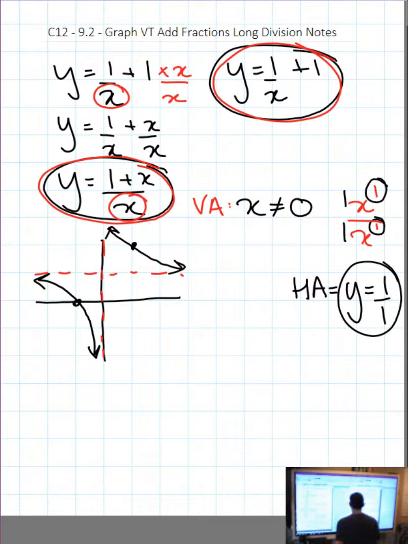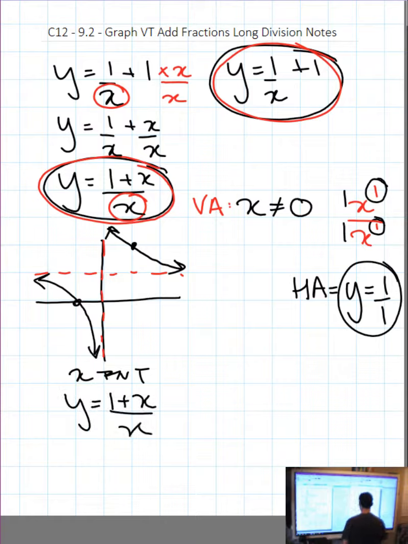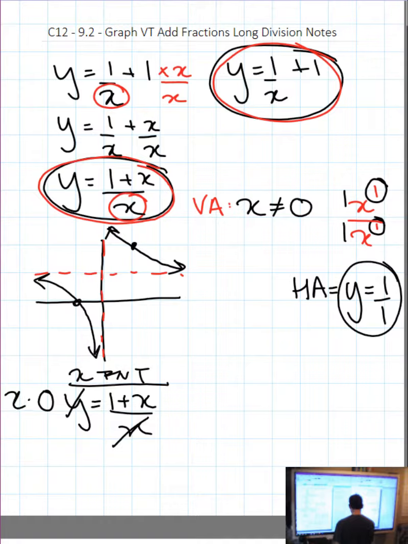So now let's find the x and the y-intercept in this form. So y equals 1 plus x over x. What do we know about x-intercepts? We know y is equal to 0, so we can put 0 in for y. Then we can times both sides by the denominator, and x times 0 is just 0.